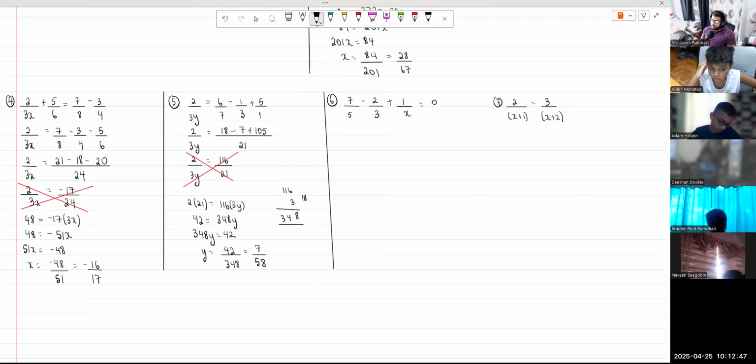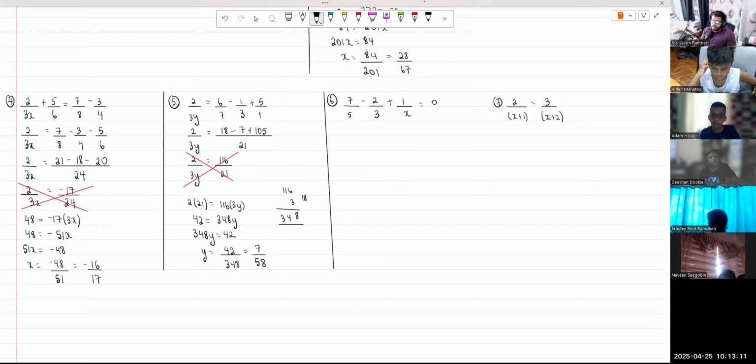All right, so number 6. How many of you calculated the LCM on the left-hand side? Big denominator over small denominator and so on. No? How many of you moved the 7 over 5 and the minus 2/3? Either way is fine.